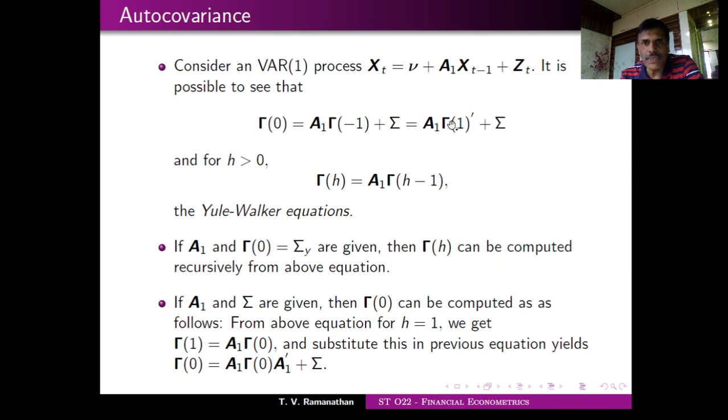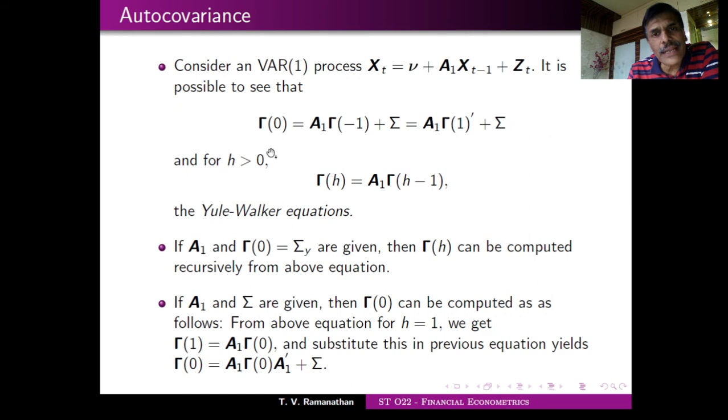Like we have already learned in the univariate case, xt minus 1 and zt are uncorrelated, because zt is the future value, I mean, when you are at t minus 1, this is the next value, so it will be uncorrelated. So you will get gamma 0 as A1 gamma 1 prime plus sigma. This is for h equal to 0.